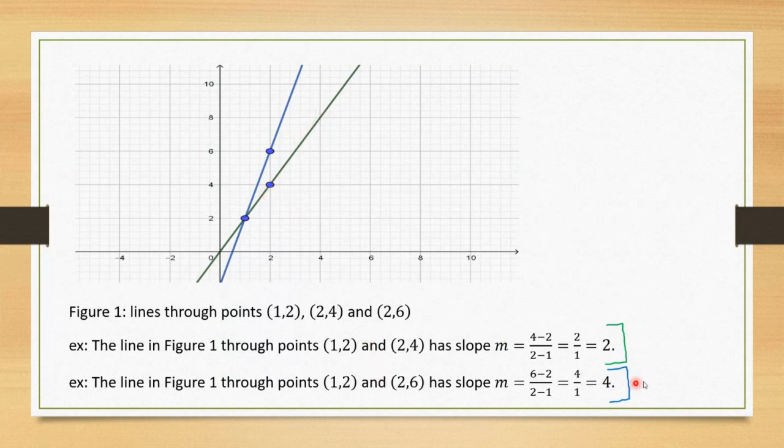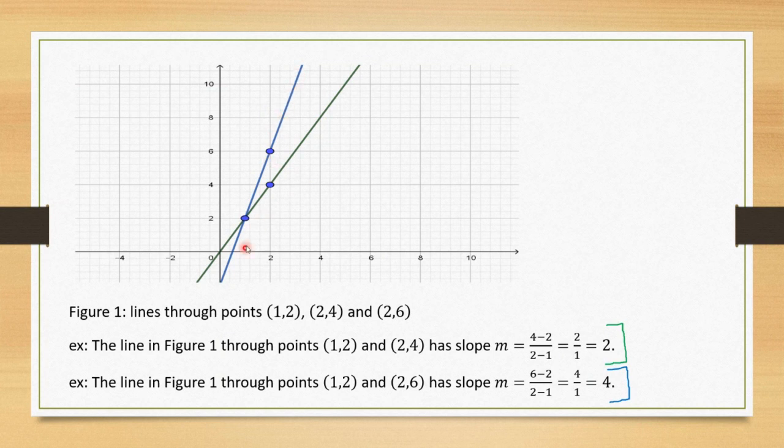Notice also that the blue line here has a bigger slope. The slope is a lot bigger, it's 4. The green line has slope 2, and the blue line is steeper. In other words, it's more vertical.